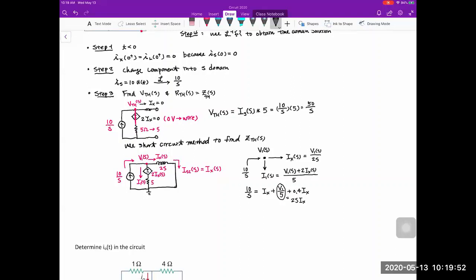If you represent everything in V sub s, V1 of s will be equal to 100 over 2s plus 3. Then you find I sub x, which is I sub x of s, that is simply V1 of s over 2s. So the Ix will be equal to 50 over s times 2s plus 3.